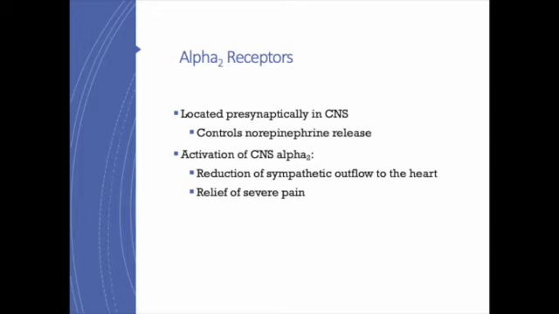The central alpha 2 agonists that we use are going to affect the heart and the blood vessels, and we've talked about that in the previous presentation. So it's not the PNS that we're trying to activate here. It has little clinical significance. It's the CNS.